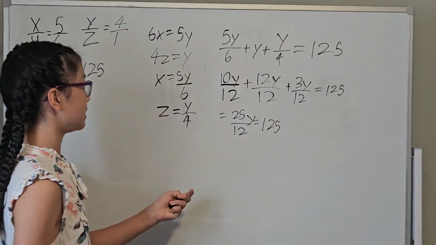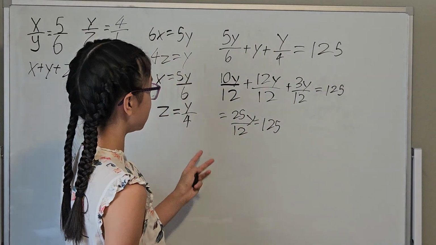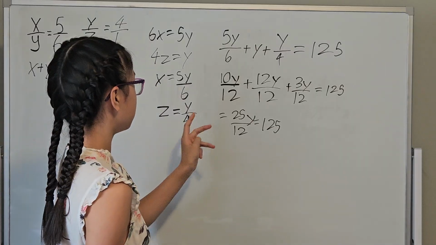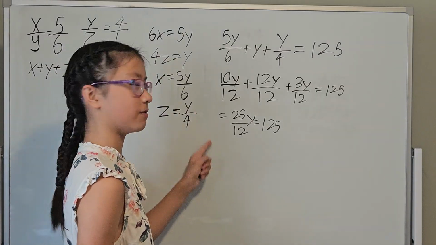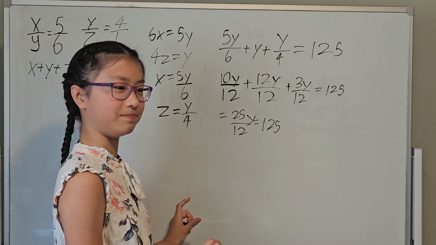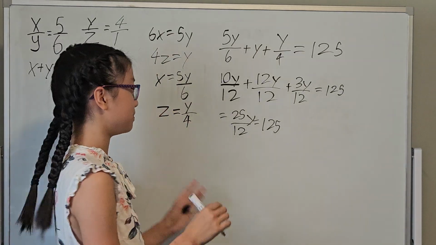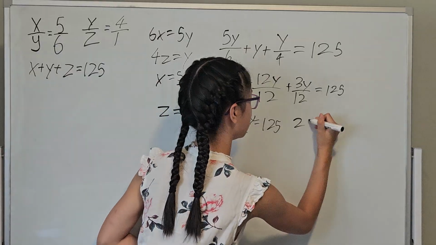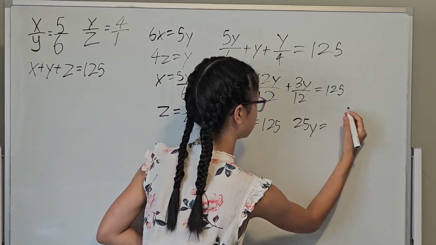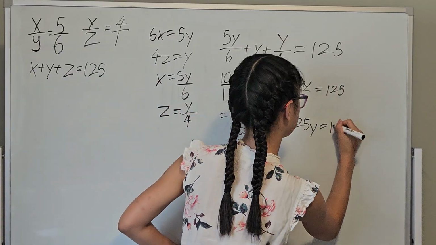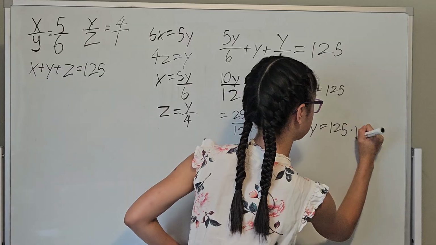So now we need to make sure we get rid of the fractions because we don't like them. So we can times both sides by 12. So 25y equals 125 times 12.